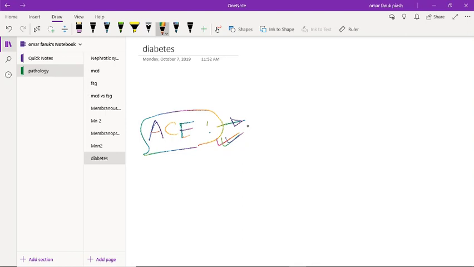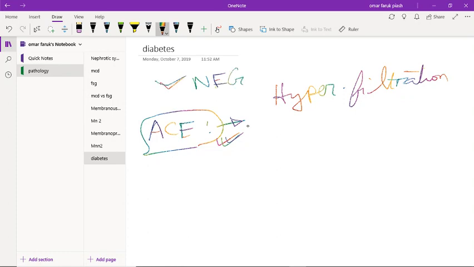ACE inhibitor slows the progression of hyperfiltration induced damage. In diabetes there is hyperfiltration, and hyperfiltration induced damage occurs. What you have to remember: non-enzymatic glycosylation, hyperfiltration, and to slow the progression you can give ACE inhibitor.